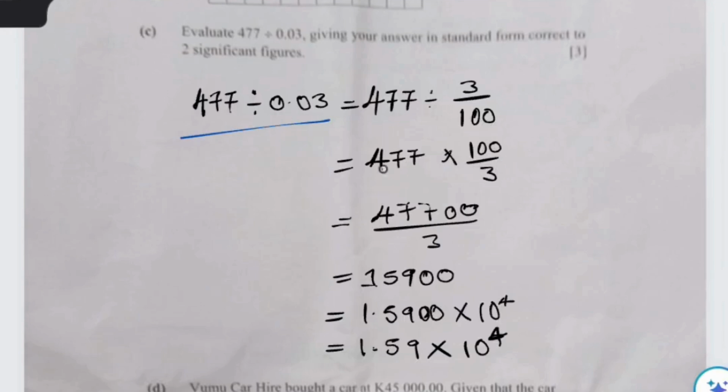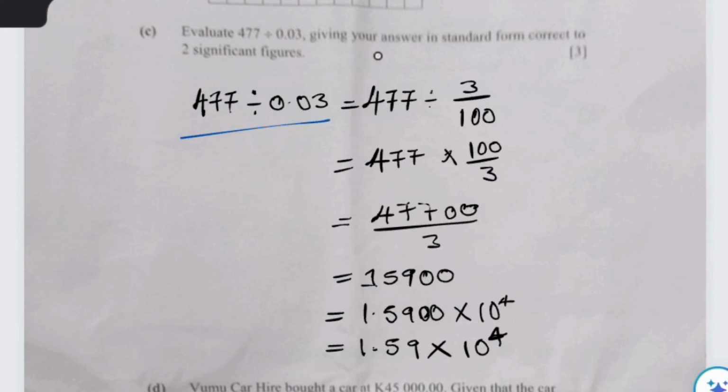Now, here I just take the product, that is 477 multiplied by 100, then I divide by 3. 3 into 4 is 1, remainder 1, I put onto 7. This is 17, so 3 into 17 is 5, and I remain with 2. So 3 into 27 is 9, with 3 zeros.